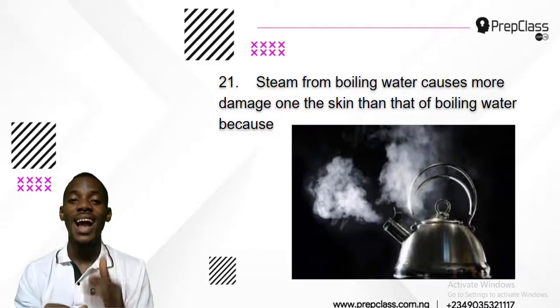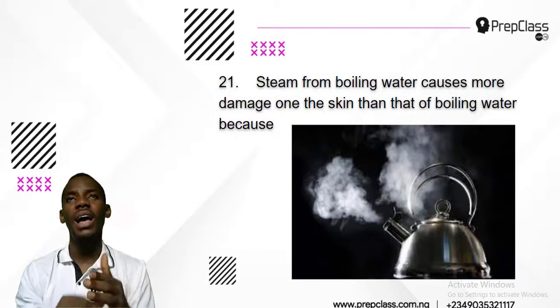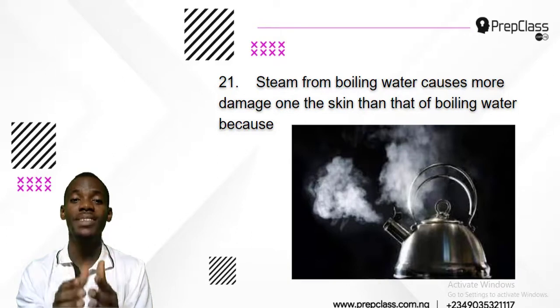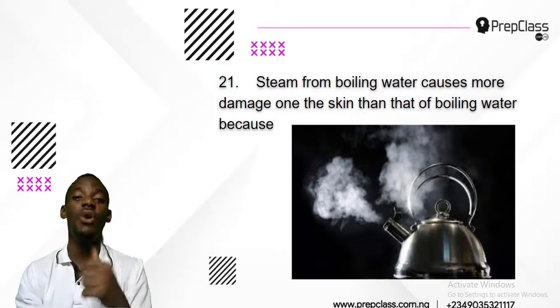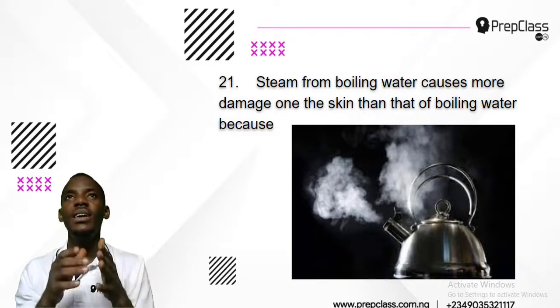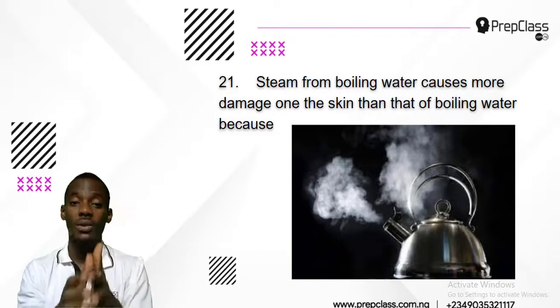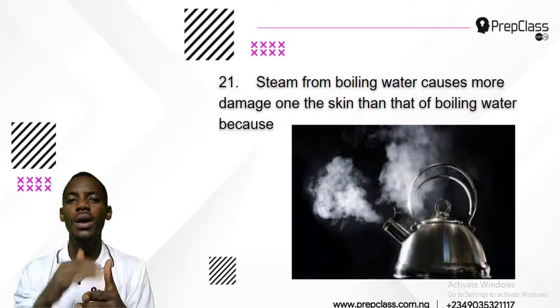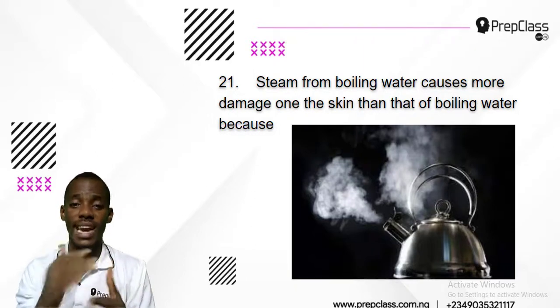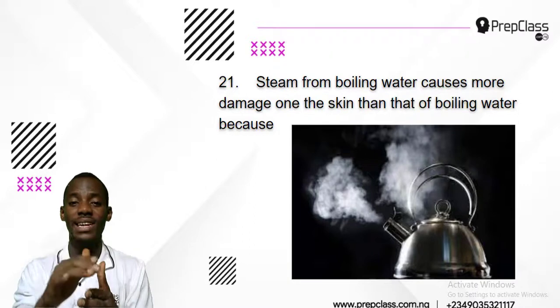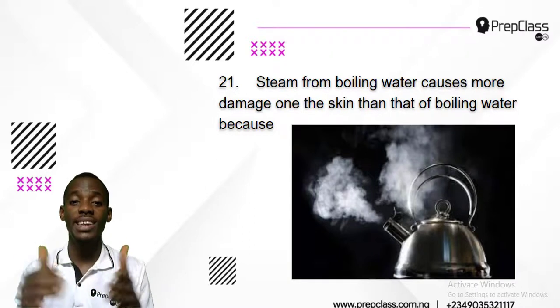If they have more kinetic energy, it means that gases are hotter than liquid, and that's why steam is hotter than the water. Because for you to have kinetic energy, you must be hotter. So temperature increases kinetic energy. The hotter that thing is, the more kinetic energy it will have.